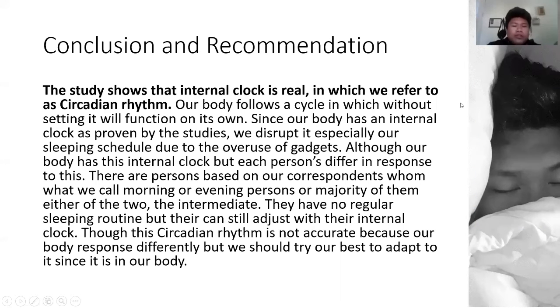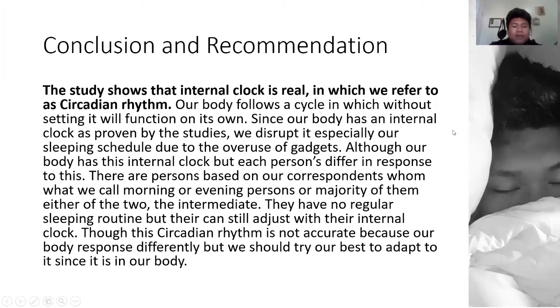In conclusion and recommendation, the study shows that the internal clock is real, which we refer to as circadian rhythm. Our body follows a cycle which, without setting, will function on its own. Since our body has an internal clock as proven by the studies, we disrupt it, especially our sleeping schedule, due to the overuse of gadgets. Although our body has this internal clock, each person differs in response to this.